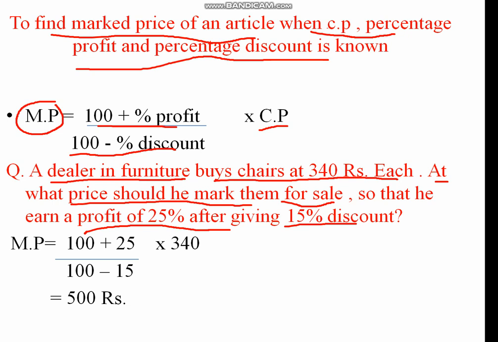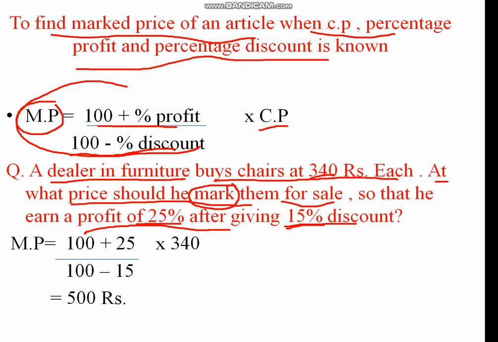He wants to get a profit of 25% after giving the 15% discount, so we have to find the mark price. Given CP is 340 rupees, percentage profit is 25% and percentage discount is 15%. So use the above formula.